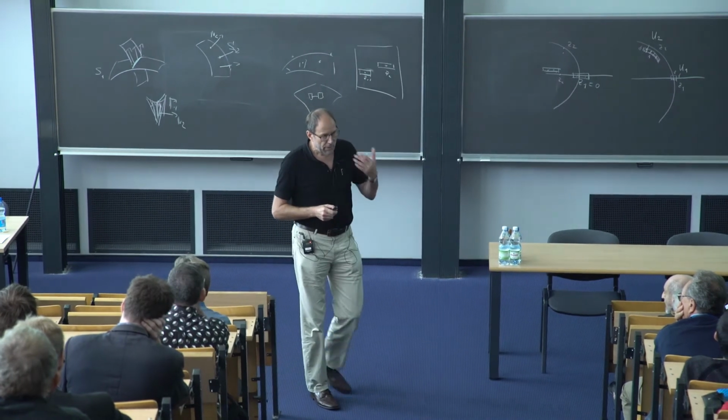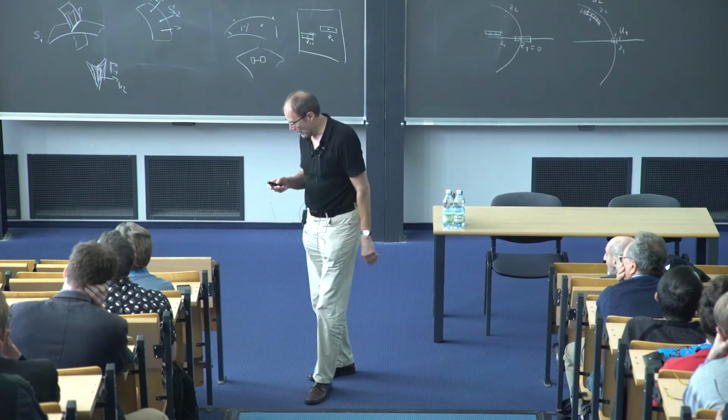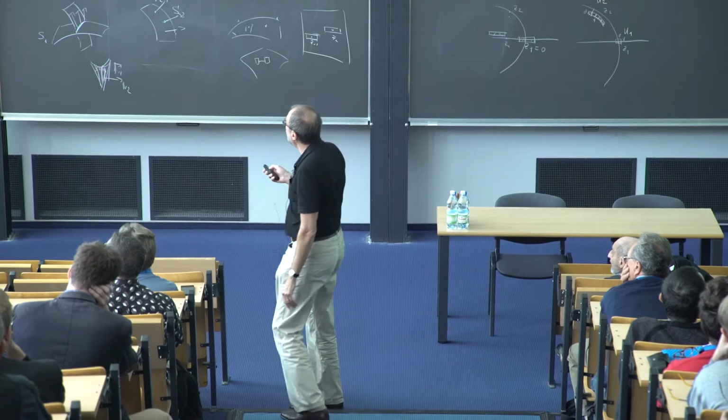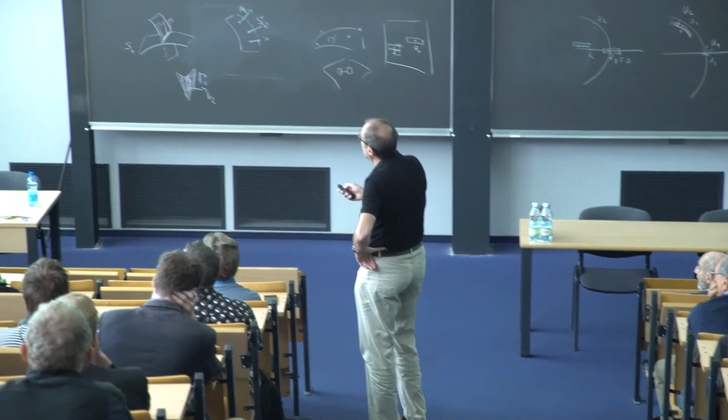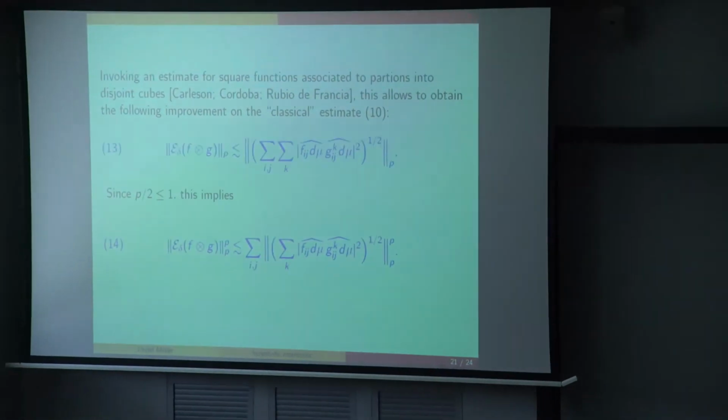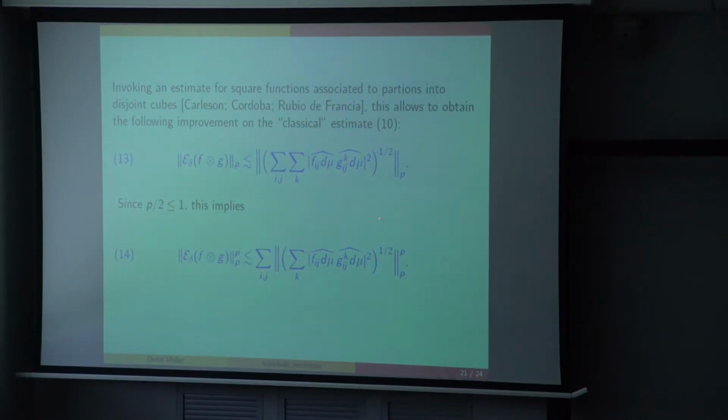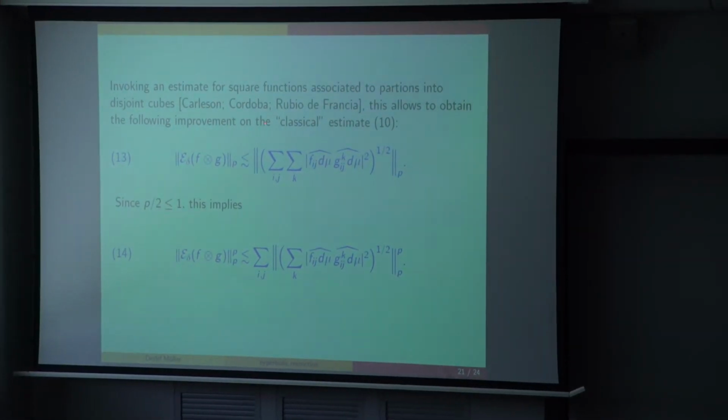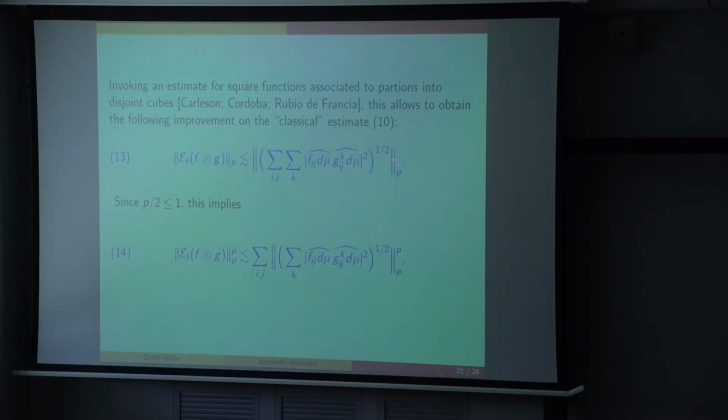So using that result plus duality, what we can prove is this improvement: that this part corresponding to this level rho equals 1 of the bilinear extension operator can be controlled by this little l^2 sum in i, j, and k of these functions, and then the L^p norm of that.